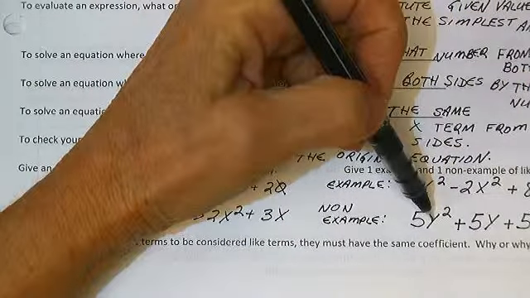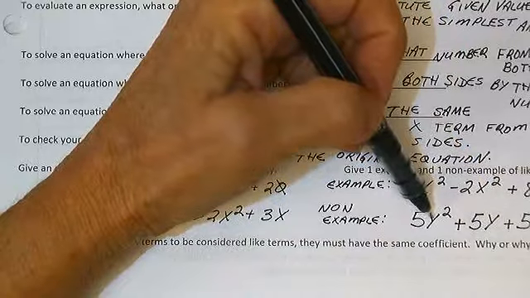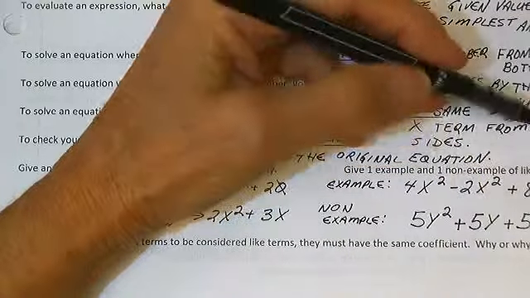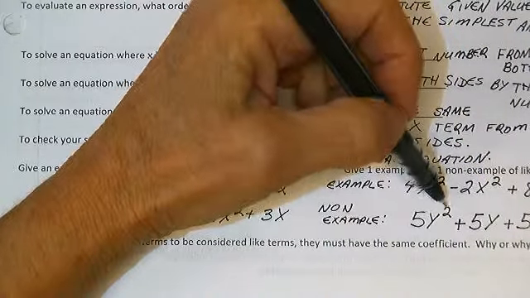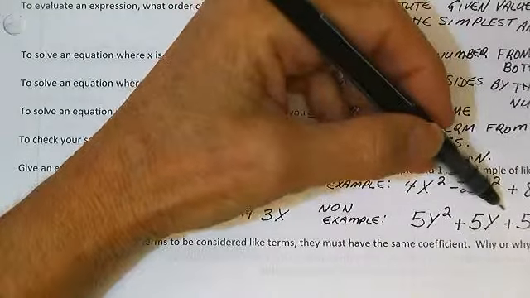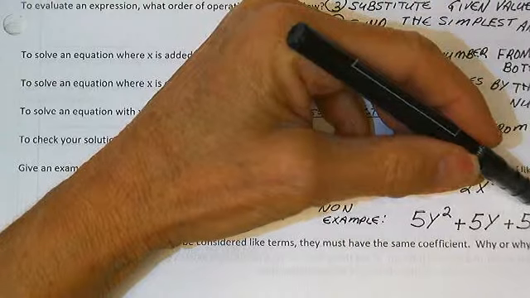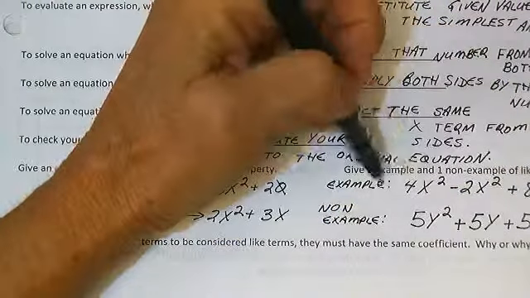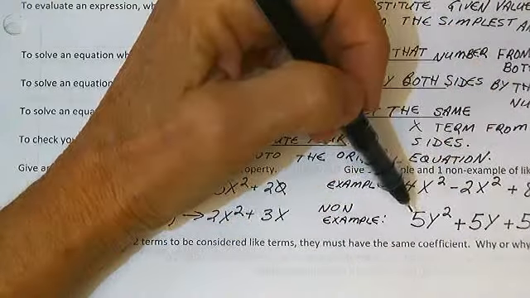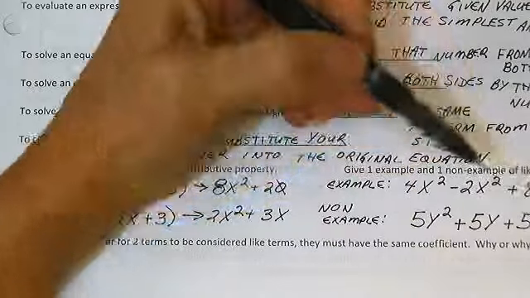We have the same variable, but this one is raised to an exponent. This has a different exponent, and this one has an exponent of 0, which makes it 1. An example of like terms, a non-example of like terms.